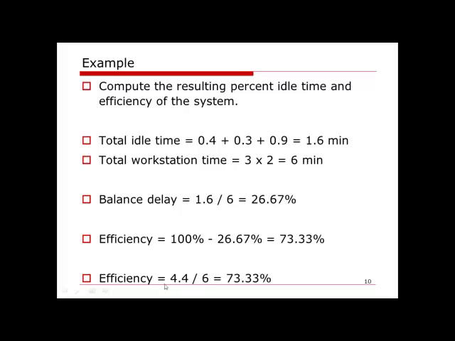However, the total task processing time is 4.4 minutes, which means among the 6 minutes, 4.4 minutes will be used to finish all the tasks. So the percentage of time that we are working on the assigned tasks is the efficiency. And this is another way to calculate the system efficiency.